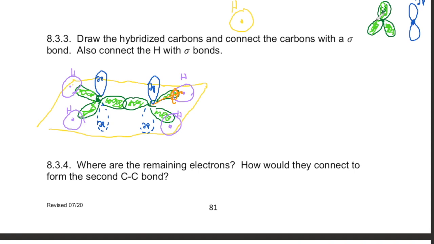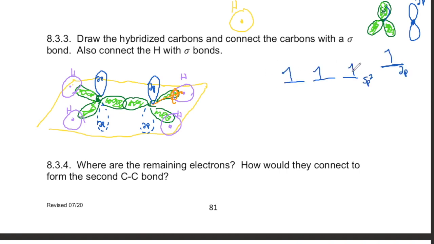The other two 2p orbitals were used to make these hybridized sp2 orbitals. And for these, each of these green lobes is a separate one. So we have 1, 2, 3 green ones. And then the fourth one is this 2p orbital that just happens to have two pieces to it. But this is one orbital.